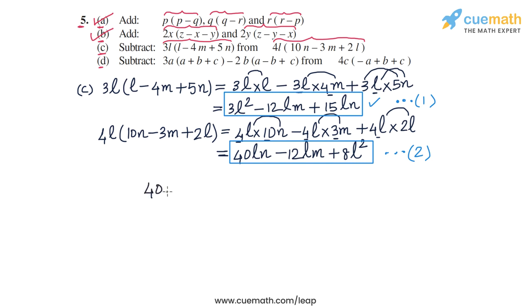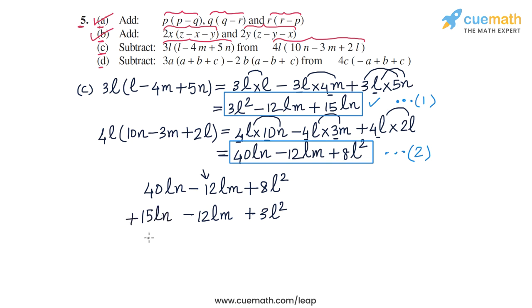So the second expression is 40 ln minus 12 lm plus 8l square, and we have to subtract the first one, 3l square, which I will write below 8l square. Then we have minus 12 lm, so I will write it below minus 12 lm from the top expression, and then we have plus 15 ln, so 15 ln I will write below 40 ln.